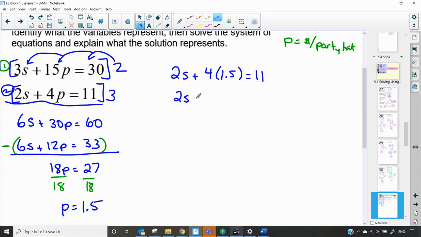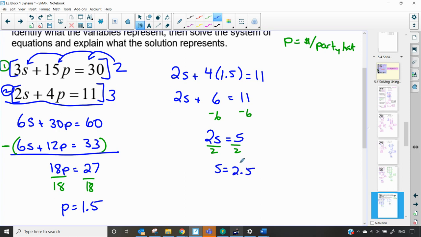So 2S plus 4 times 1.5 is 6 equals 11. We're going to subtract 6 from both sides. Gives me 2S equals 5. Divide by 2. And we have S equals 2.5.